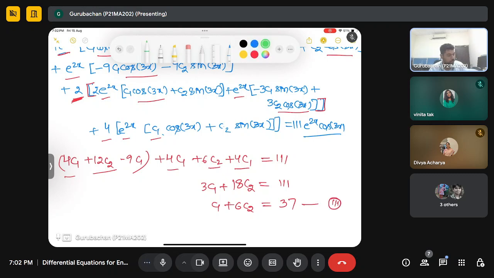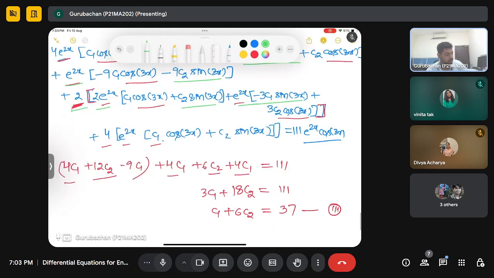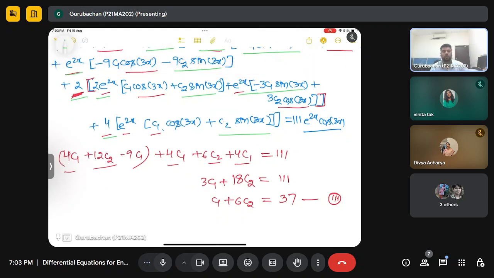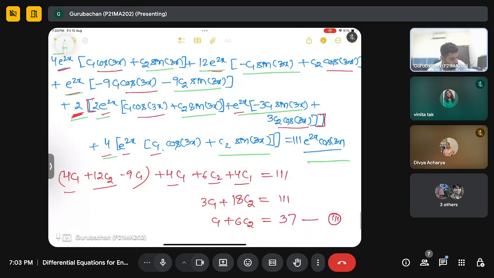Now for the sin 3x kind of term, you have to see this. You have to remember that you have some multiplication outside, otherwise it will be difficult for us to get the correct answer. So this coefficient must go to 0 because in the RHS there is no such term. So the first one is 4 times C2.